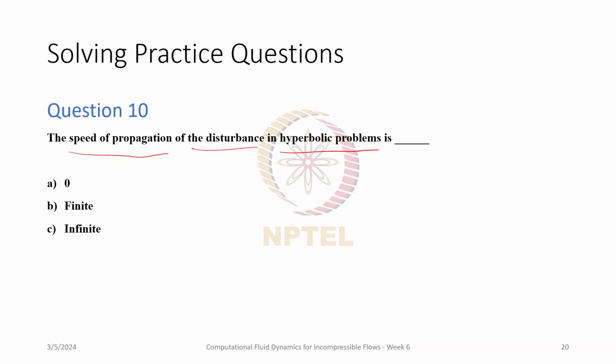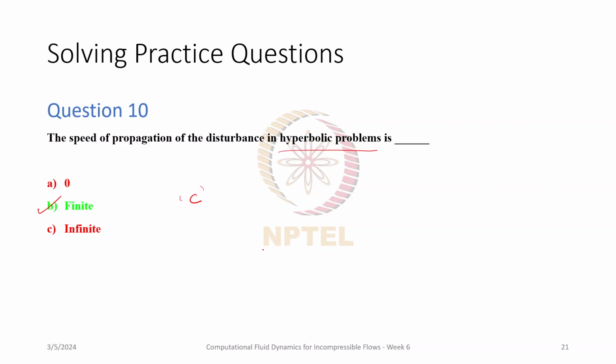Yeah. So let's have a look at the solution. It's actually finite. So good. So basically, c is the speed of propagation of disturbance, and it is always finite in hyperbolic problems.